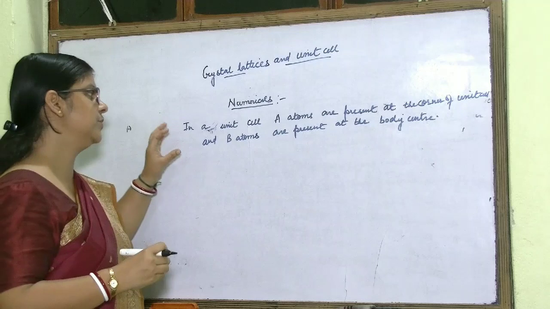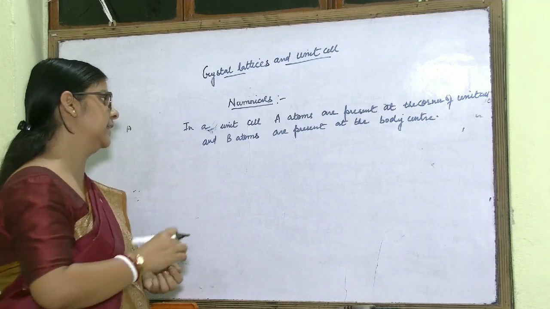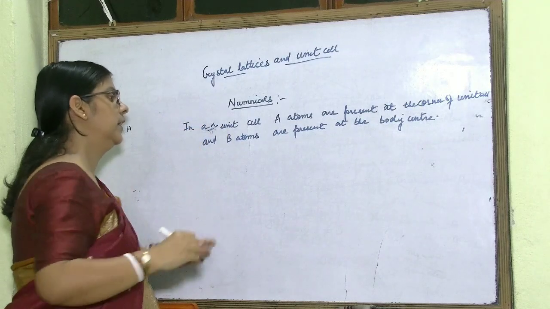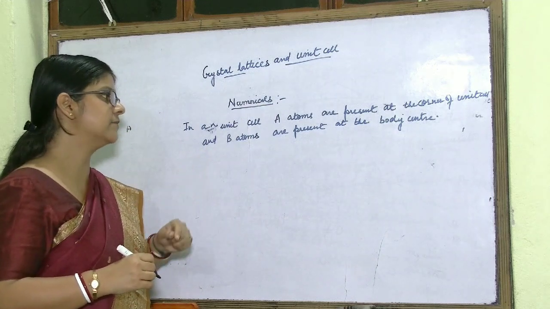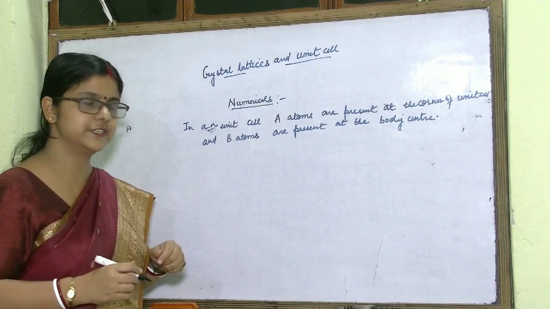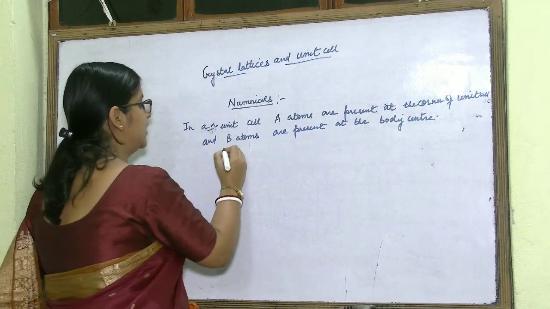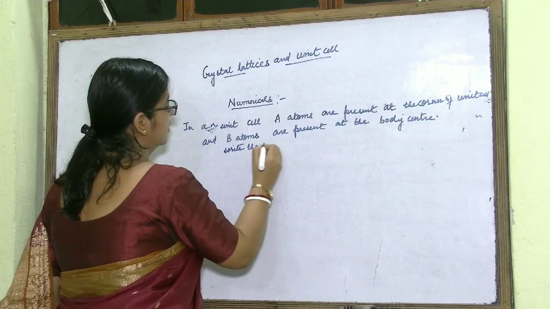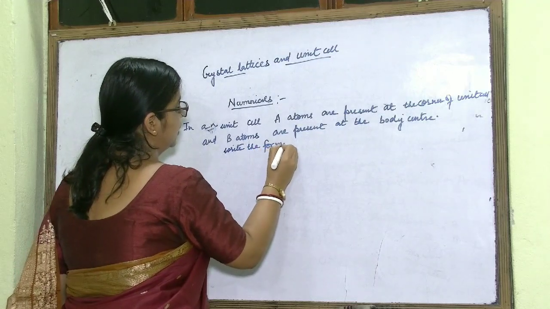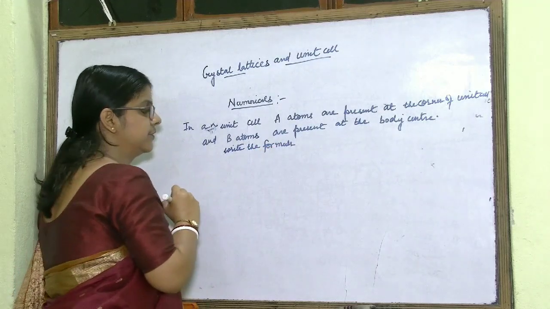Now I have given one numerical. In a unit cell, A atoms are present at the corner of the unit cell and B atoms are present at the body center. You are asked to write the formula. How will you calculate?